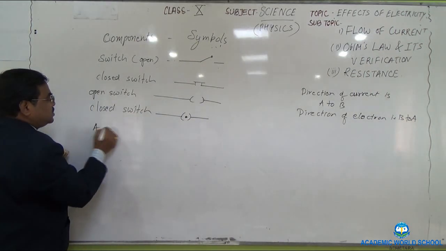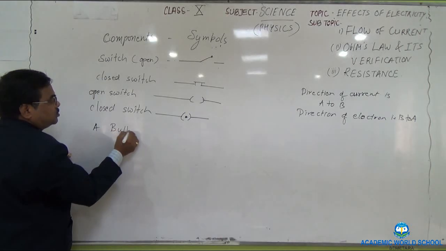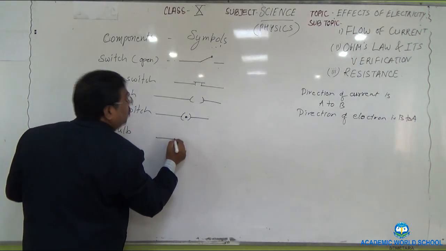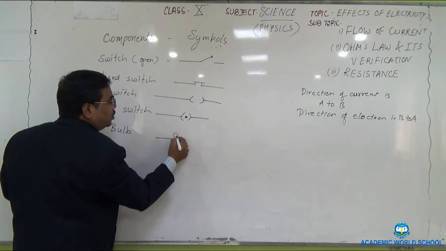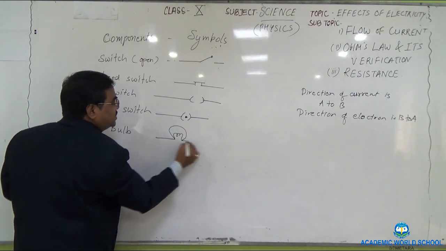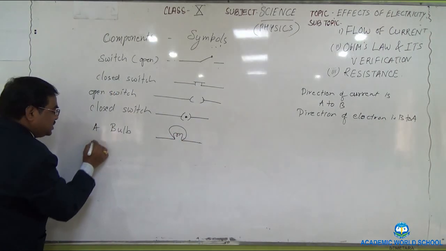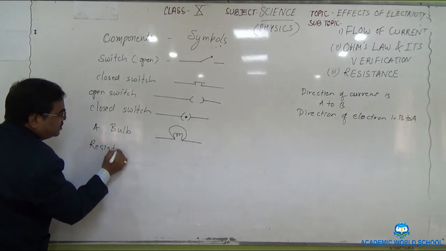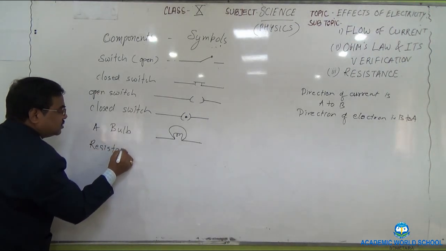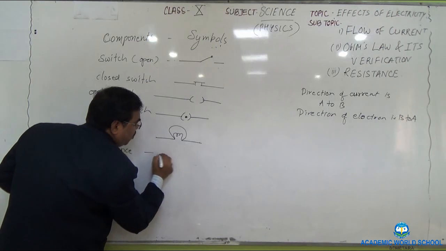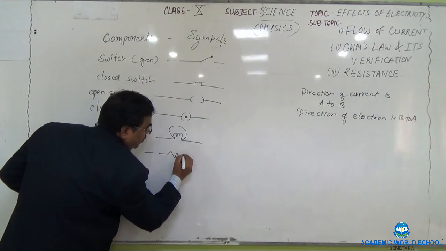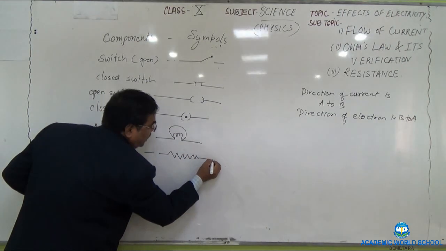A bulb is shown by the symbol like this. Resistance is drawn like this.